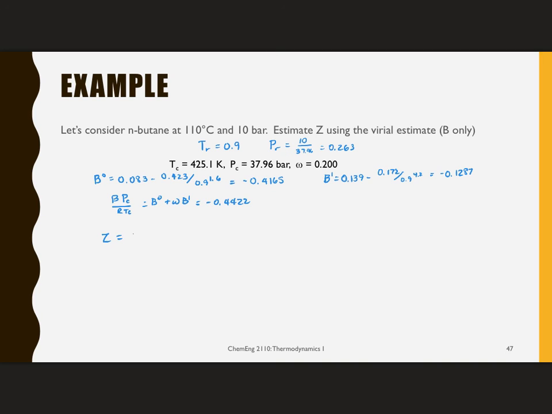Therefore, Z would be 1 plus negative 0.4422 times PR over TR, which, okay, so 1 minus 0.4422 times 0.263 over 0.9 is 0.8708.